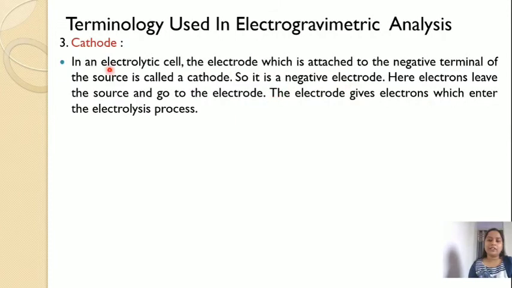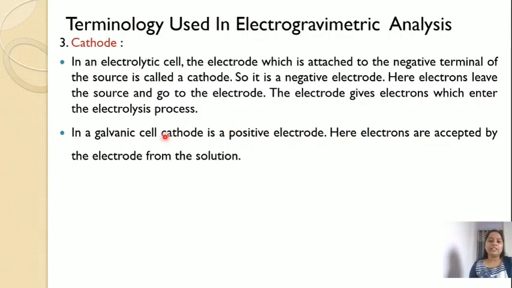At the cathode, electrons leave the source and go to the electrode, and the electrode gives electrons which enter the electrolysis process.